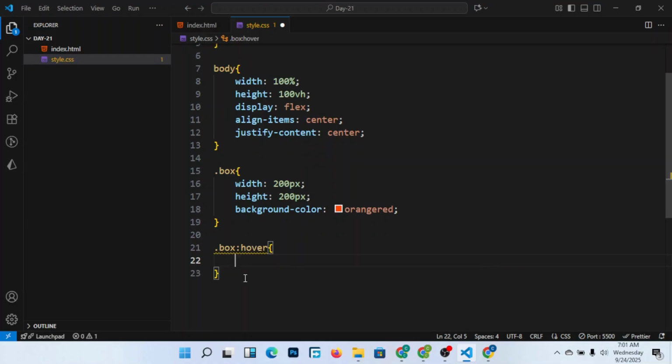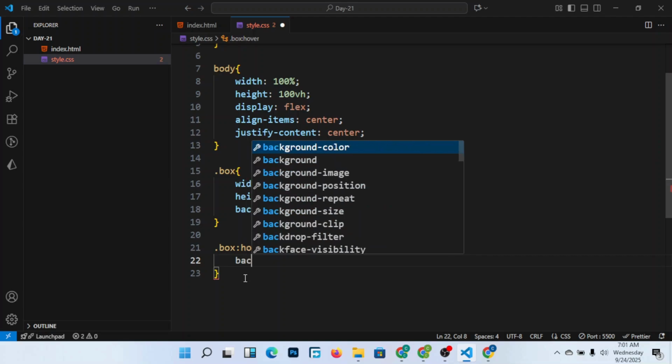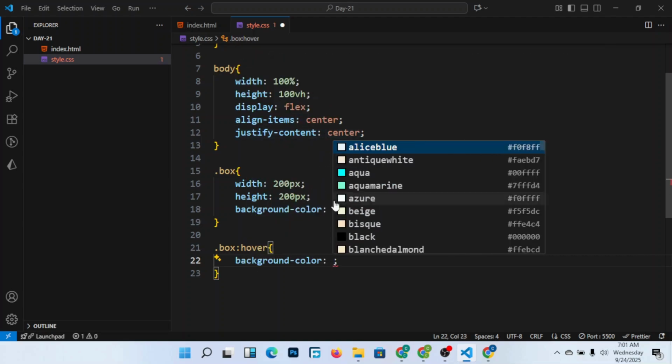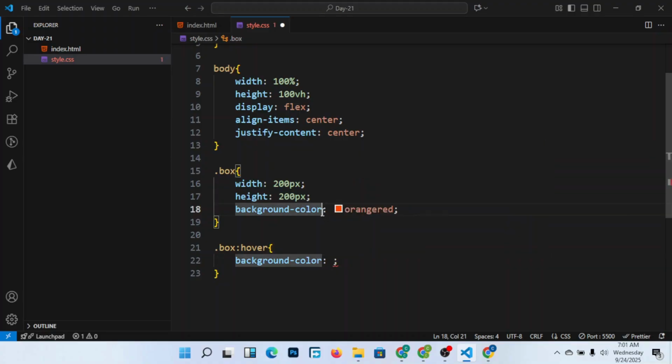Then I can even come here and say background-color. Or instead of background-color, I can just use background. It's still the same. I say background, and I change this one maybe to orange. I want to bring something that you can really see.